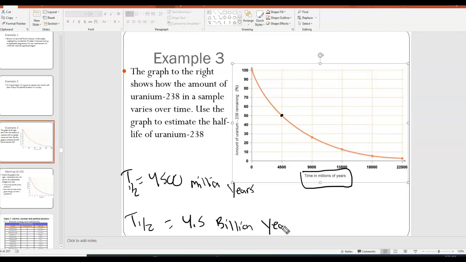Now, the reason I bring that up is because the age of the Earth is in the 4 to 5 billion year range. And one way we know that, as we've talked about before, is because uranium-238 undergoes a series of radioactive decays and eventually turns into lead, which is stable.